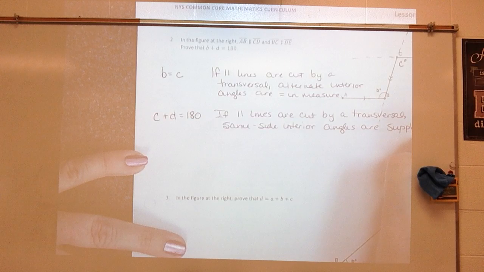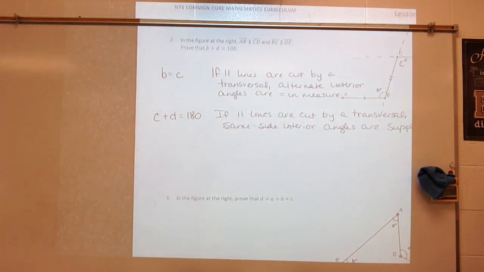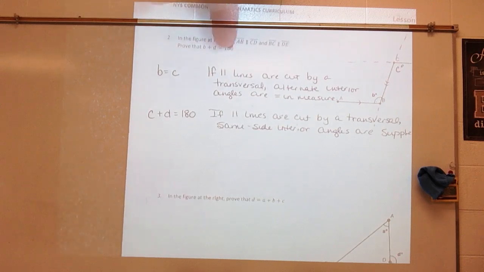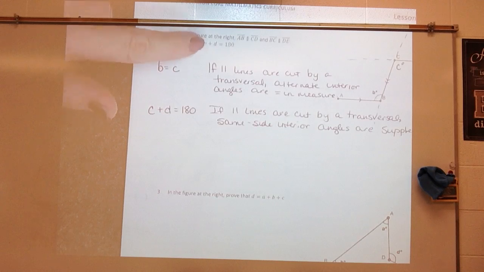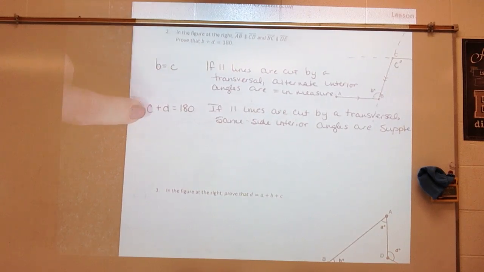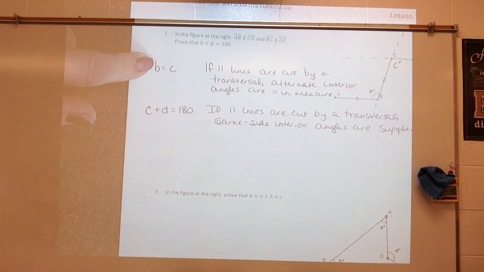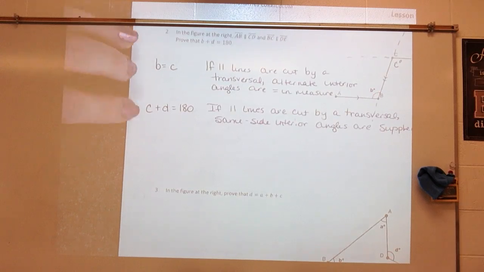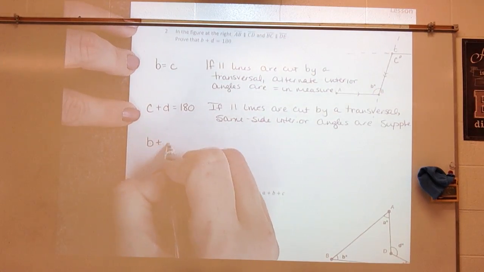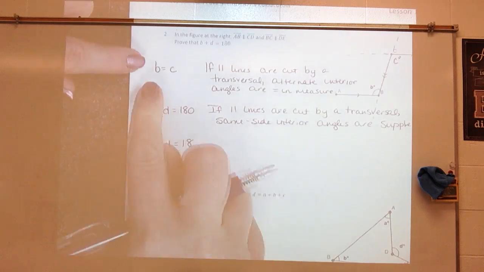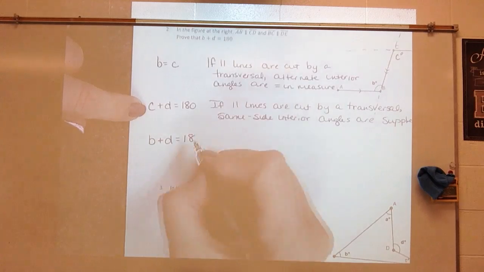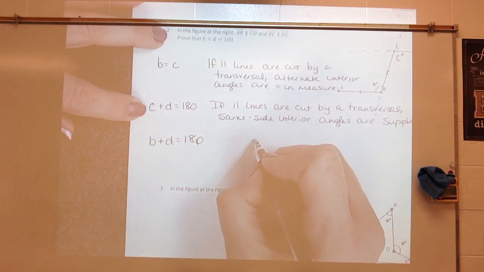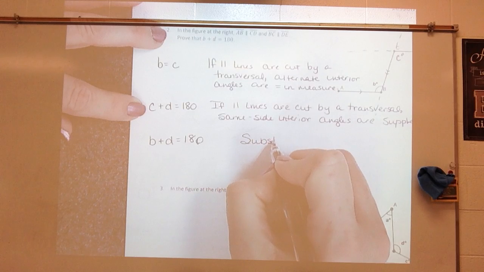In other words, they equal 180 degrees. Alright, so look, I'm getting closer. All I need now is to figure out B instead of C. Well, look what I proved up here. I proved that B is equal to C, so now I can substitute. Because B is equal to C, I can put B in there. B plus D is equal to 180 degrees because of substitution.